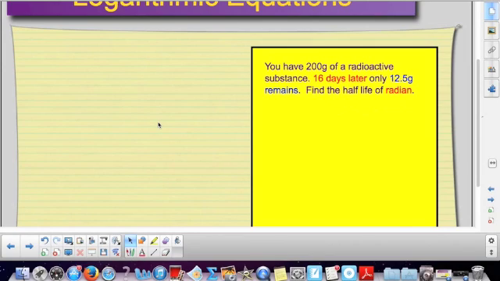Okay, so we're going to first set it up in terms of our generic exponential equation, A B to the power of x.